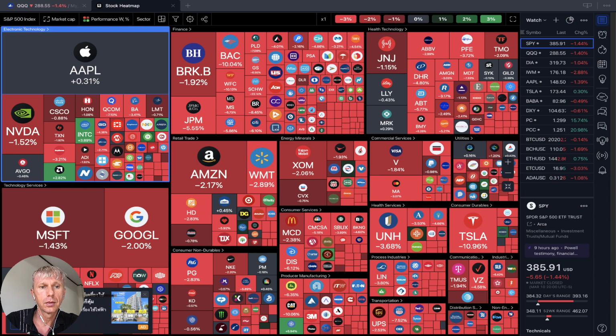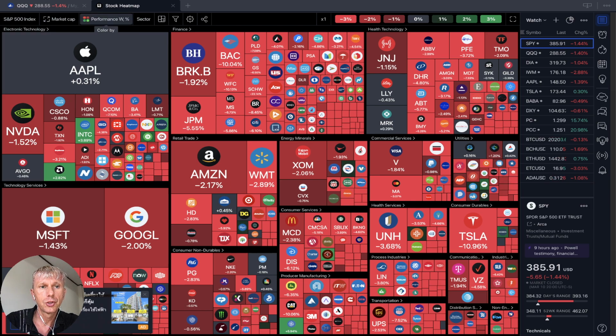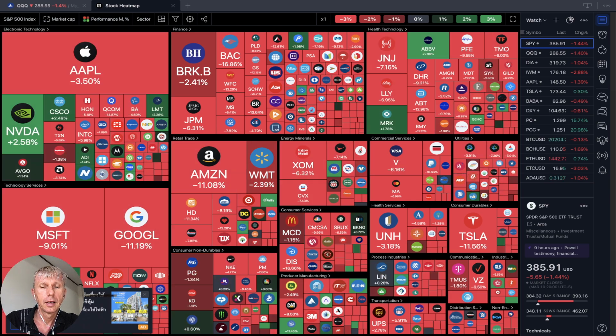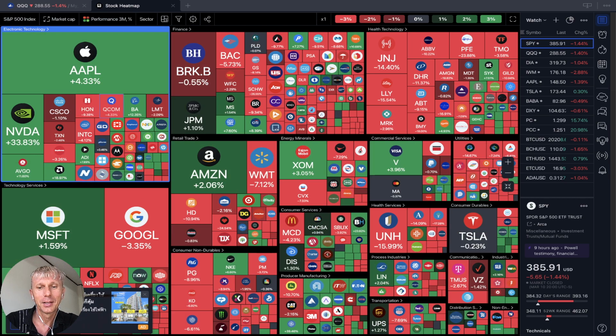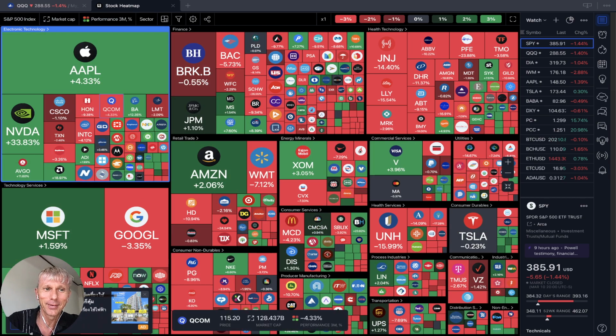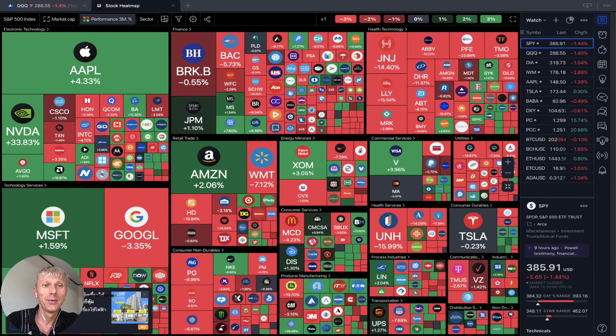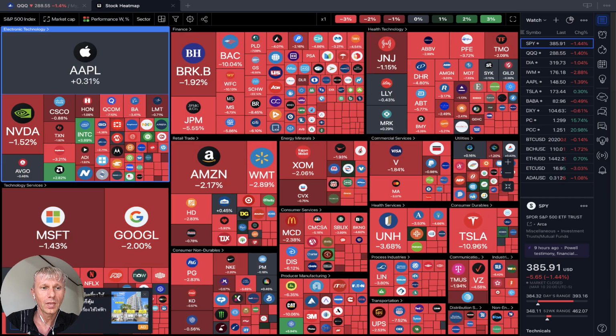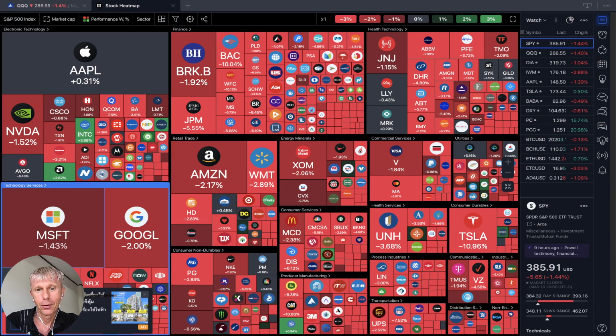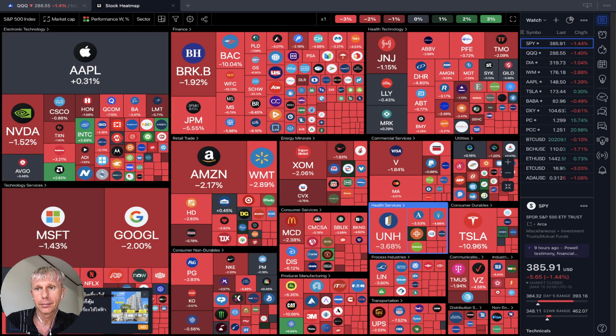Let's check monthly, it's still red. Quarterly is mixed, but weekly it's red. Apple is flat, all others generally negative.